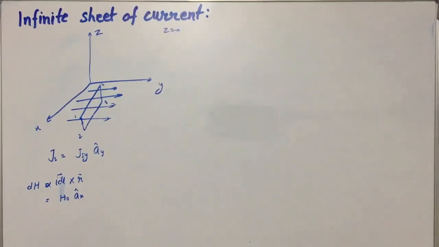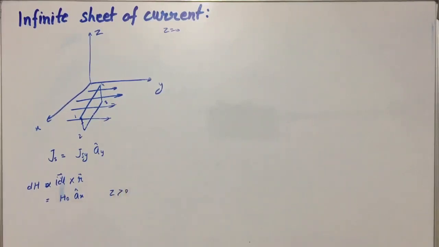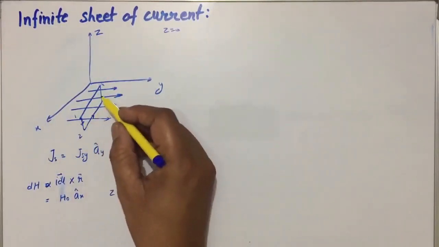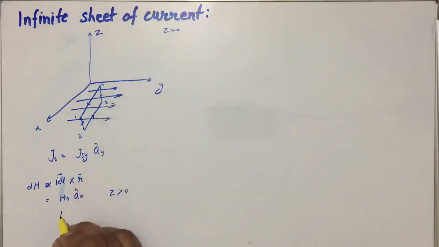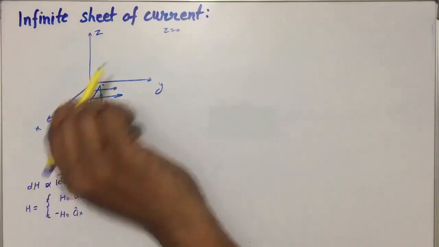Curling the fingers in the direction of current will give us the direction of the field. If z is more than 0, above the surface, the field is in the direction of ax, and when the point lies below the surface, then it will be minus ax. We don't know the magnitude of H right now, but we have the direction of H in the direction of x only and minus x only.